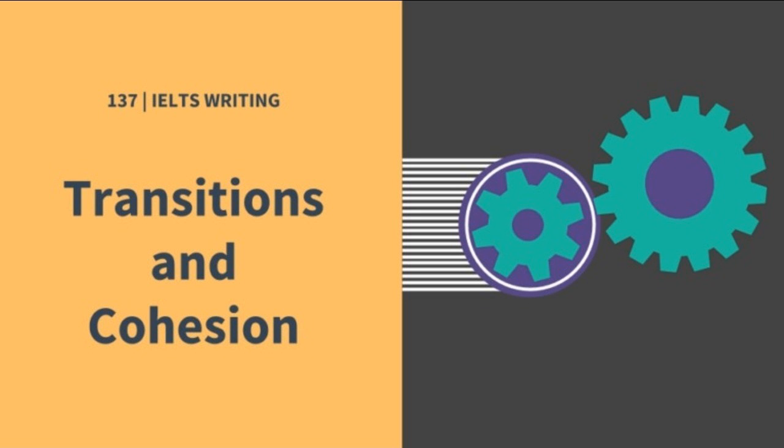So let's just have a quick look at the easiest ones and probably the most logical way to make transitions in your essay. This would be like firstly, secondly, thirdly, finally. And that's rather straightforward, and it's easy to implement, and it's easy to read as well. And this method could be useful for your flow diagrams.